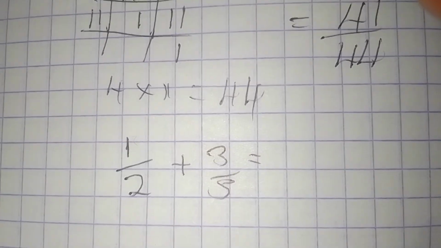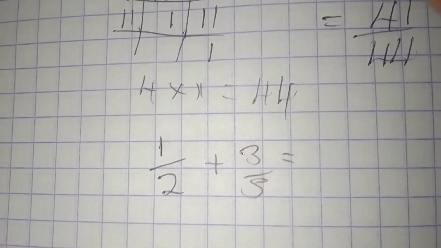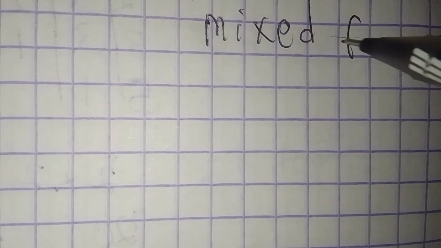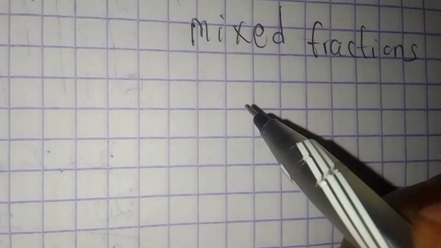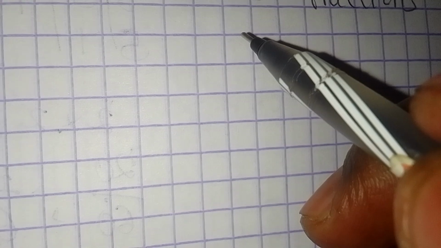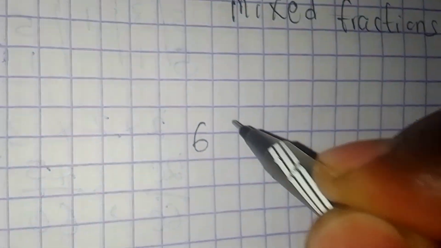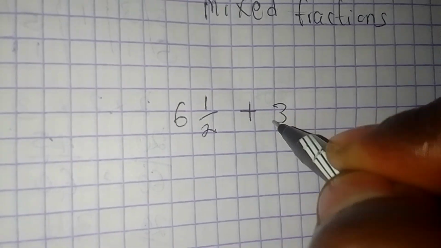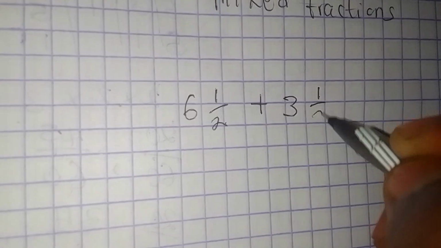So let's go to addition of mixed fractions or improper fractions. For example, you can be asked a question such as 6 and 1 over 2 plus 3 and 1 over 2.